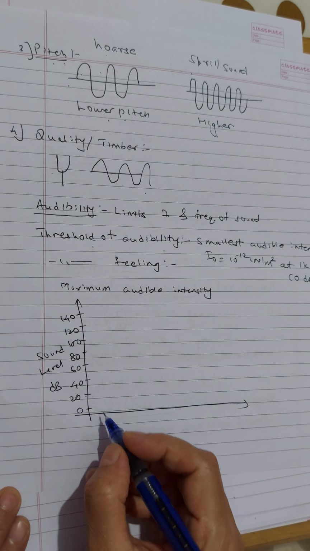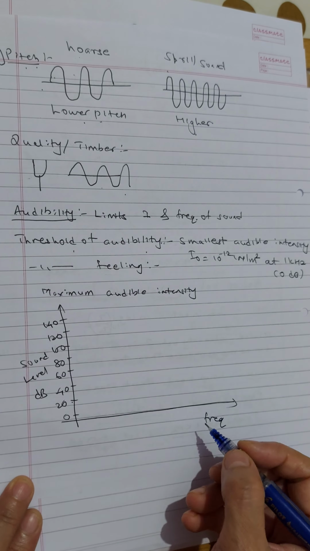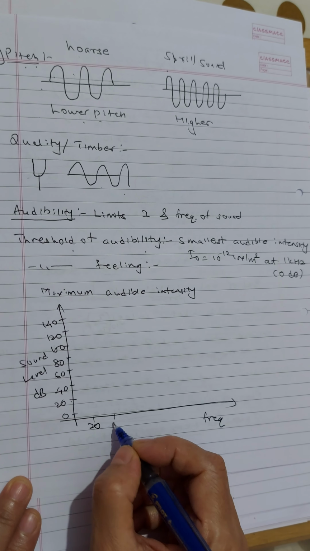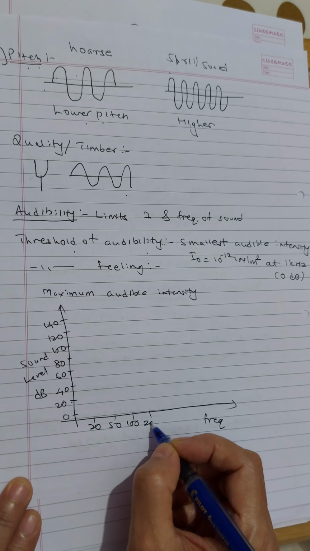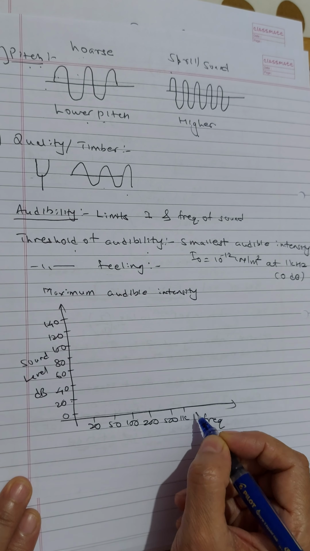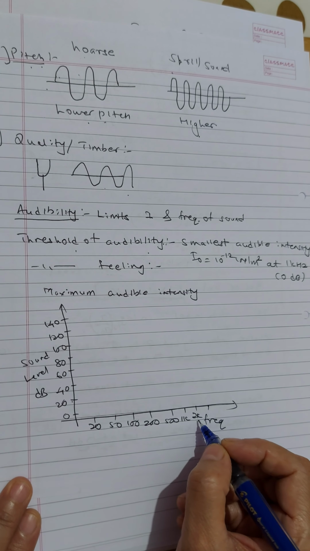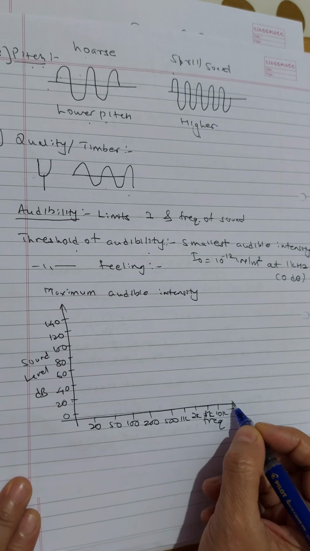As far as frequency is concerned, on my x-axis I will say 20 hertz, 50 hertz, then 100, then 200, then 500, then 1K, 2K, 5K, 10K and 20K.